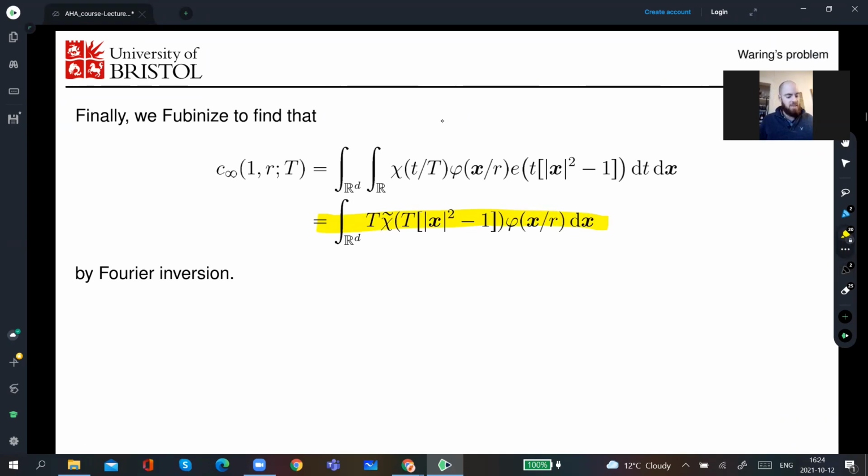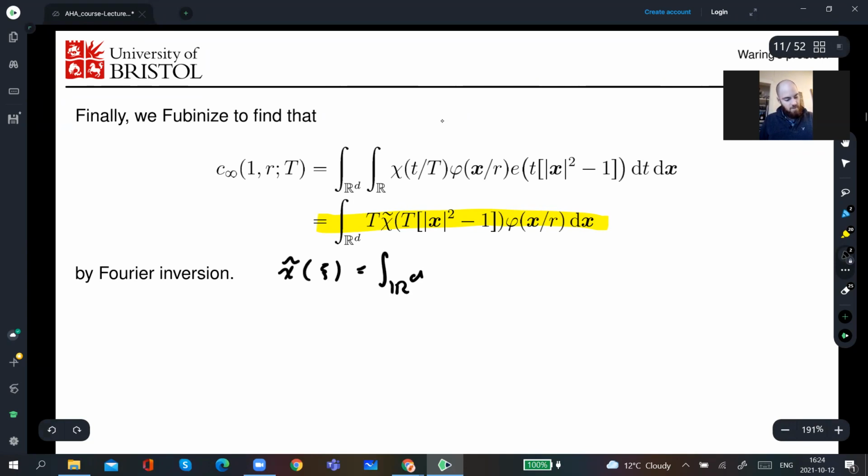Why is that? That's because of how Fourier transforms work with dilations. Chi hat is the real Fourier transform, so chi hat of c is equal to the integral over R^d of chi of x e of x dot c dx.